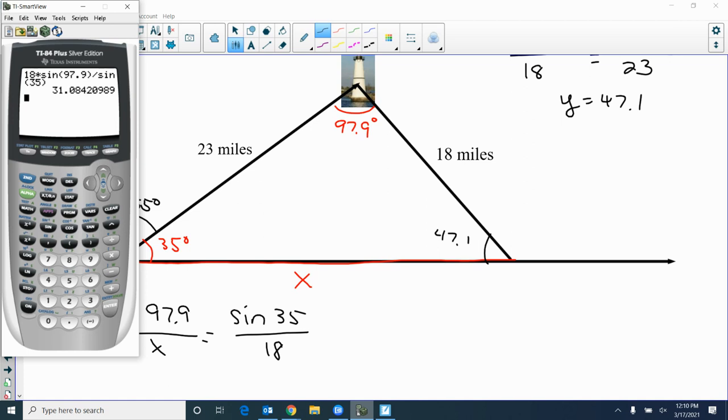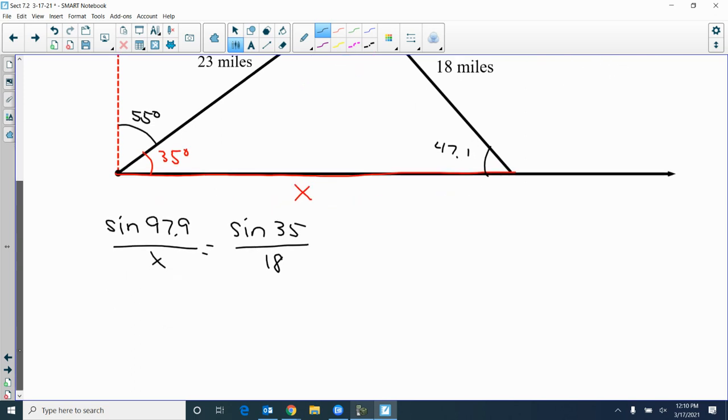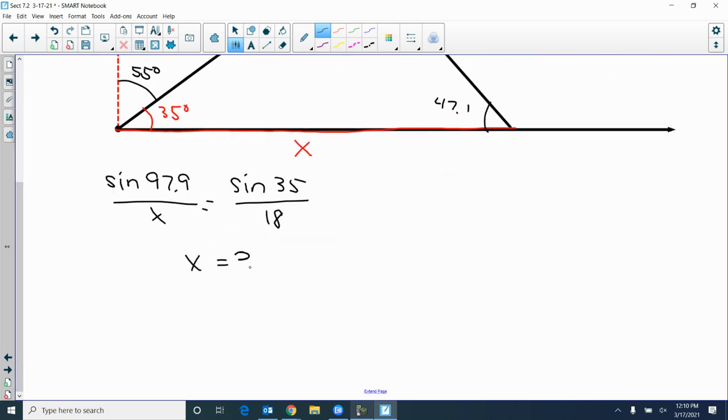So it rounds to 31.1. Now they do add an extra layer here because they want to know what time it will get there. So you found that distance. You have to take 31.1 divided by the speed, which is 15 miles per hour.